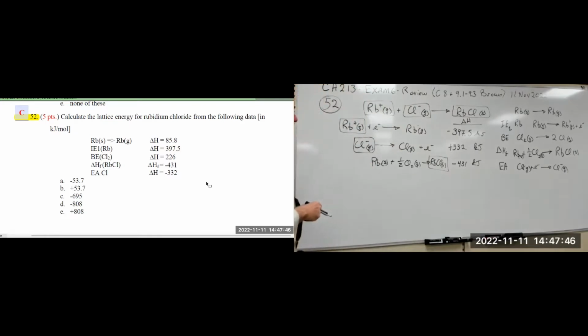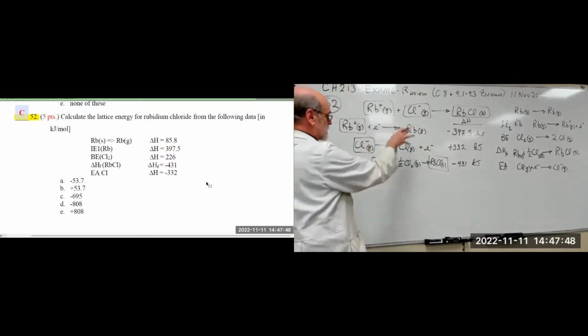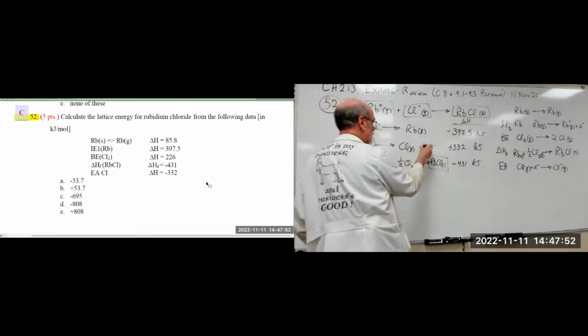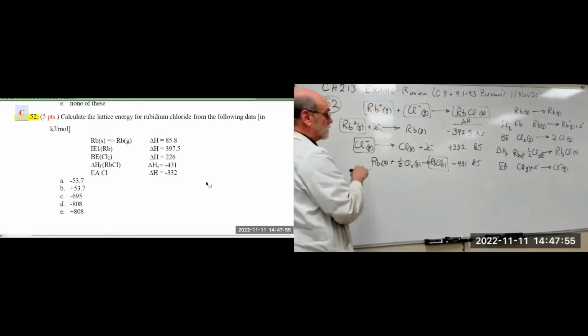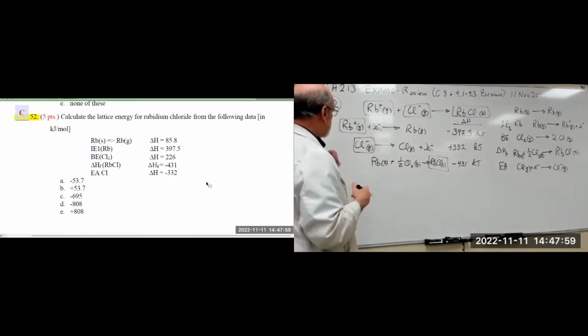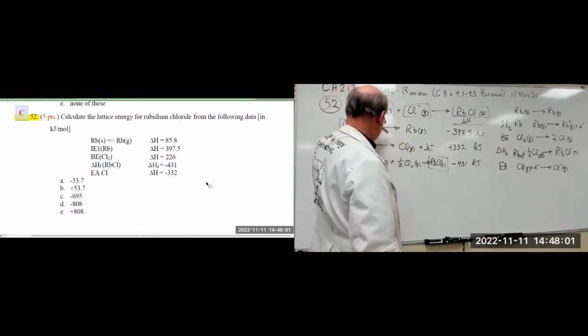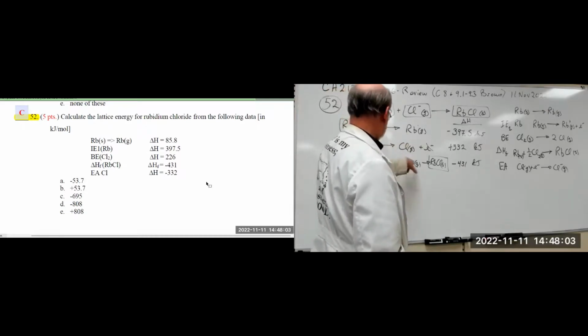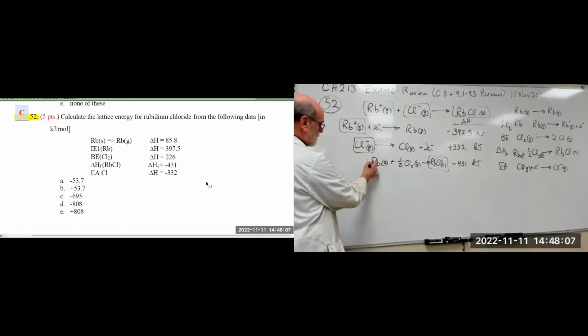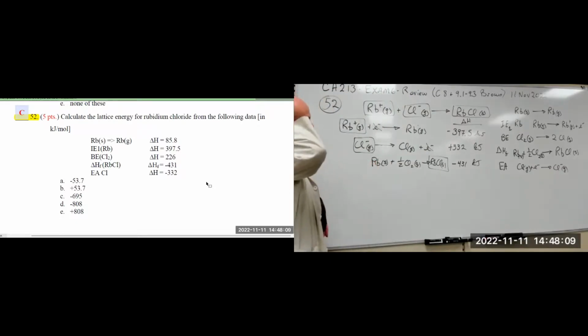Okay, the rest of it is getting rid of these terms that don't exist. Electrons are already gone. That one's on the left-hand side, that one's on the right-hand side, so we're good there. How do we get rid of rubidium gas? Well, two birds with one stone.